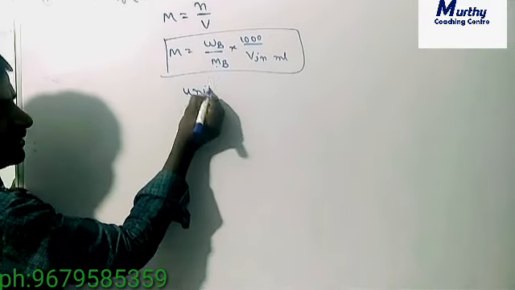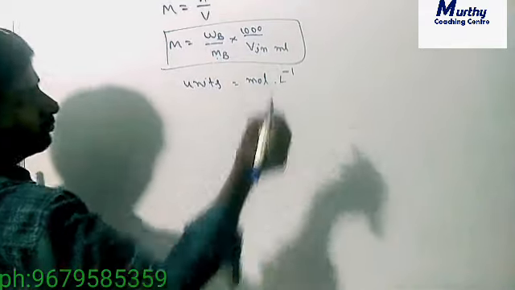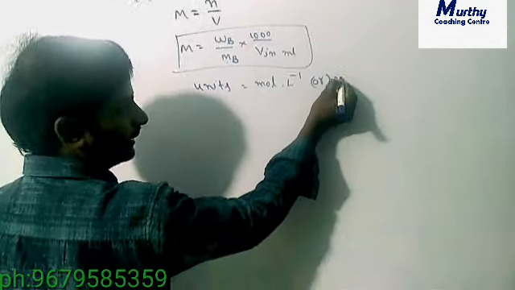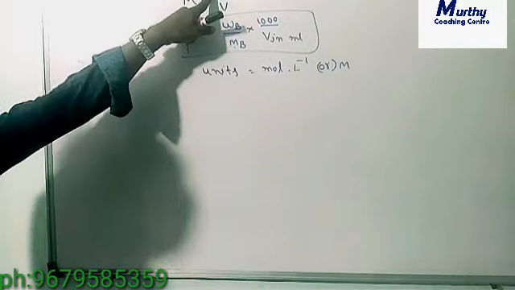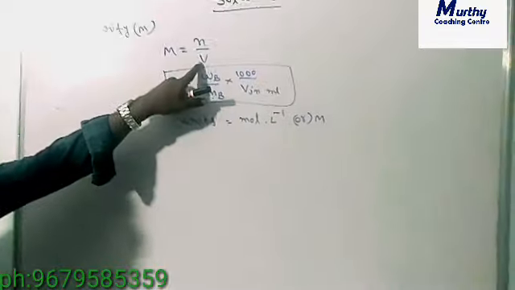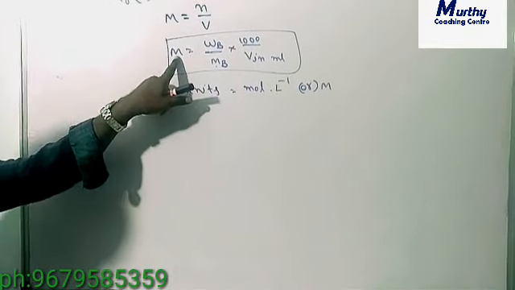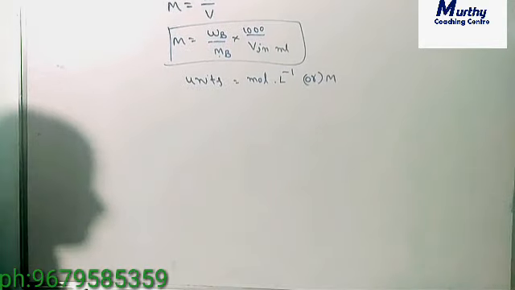If you see the units, that is moles per liter, otherwise mole liter inverse. That we can also represent with capital M, that is the molarity. So number of moles of solute present in 1 liter of the solution is called molarity. M = WB by MB into 1000 by V in ml.